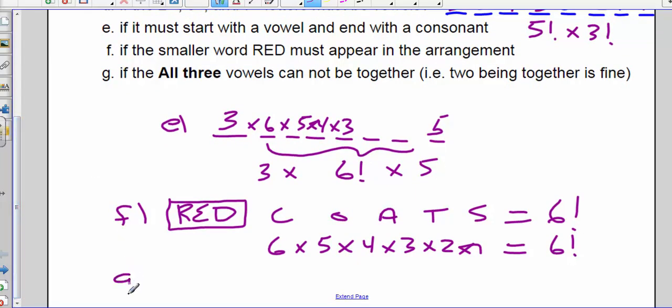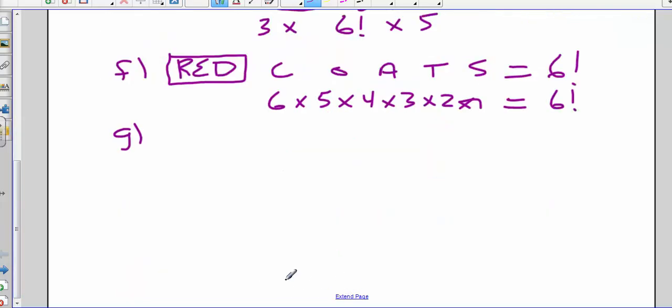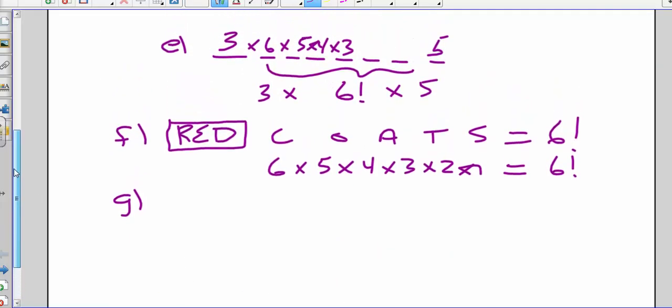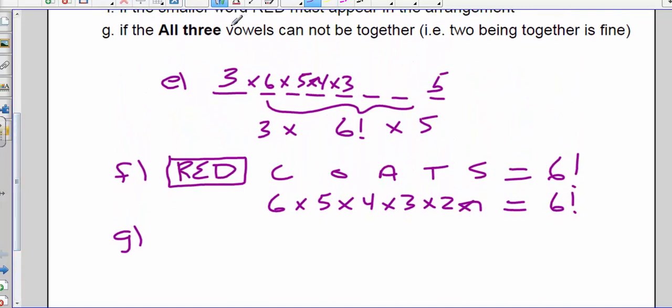And then G is suggesting that we can't have all 3 vowels together. Any 2 together is fine, but we just can't have a situation where we have O, A, and E, or E, O, A, or A, E, O, or those sorts of combinations.